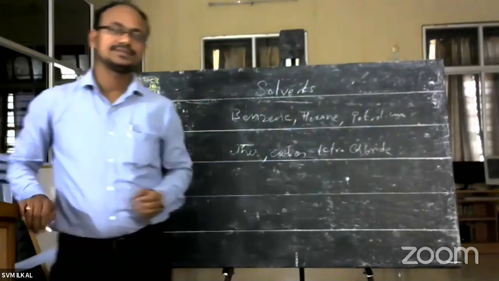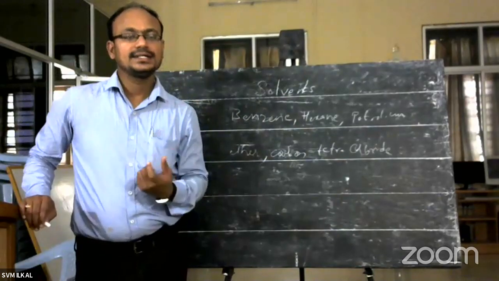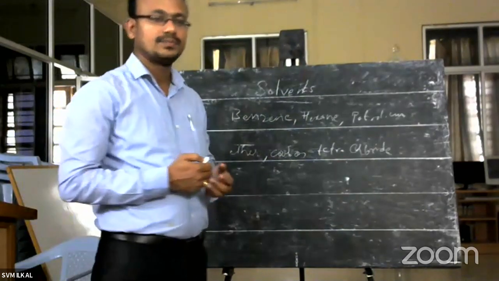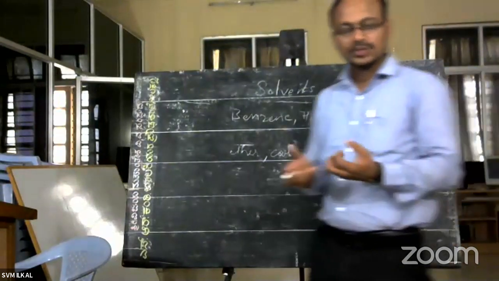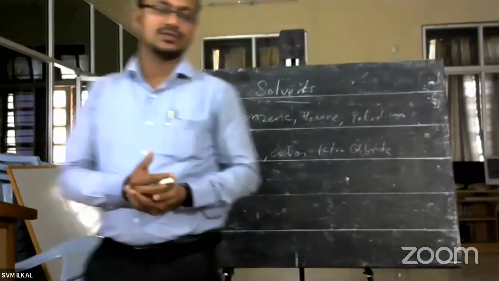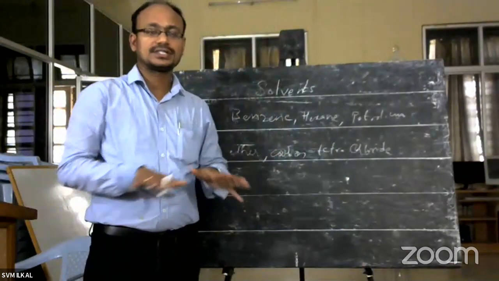As you know, in organic solvents the polarity is very low. Polarity is nothing but separation of charges. In organic solvents there is a sharing of electrons in a covalent nature.